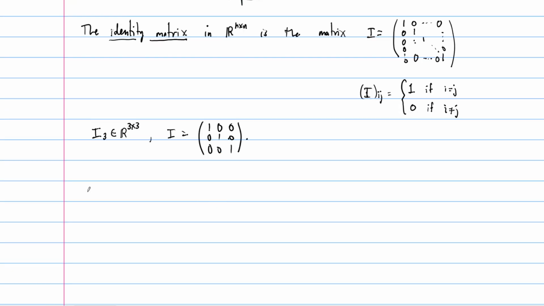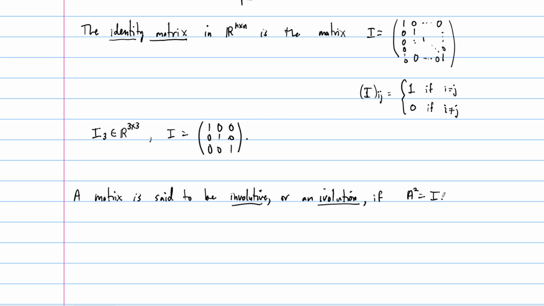Okay, so we have one last definition in this item, and then we have one more item to go. A matrix is said to be involutive, or an involution, if A squared is equal to the identity matrix.